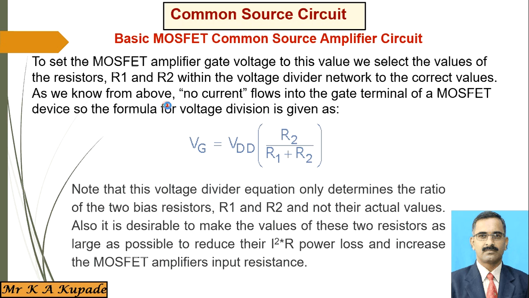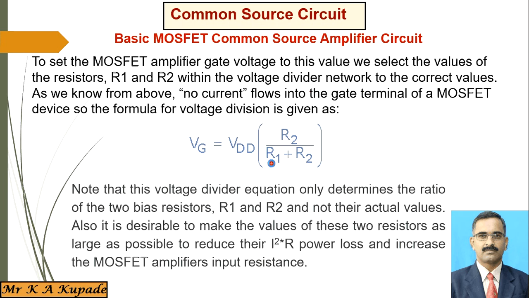As we know, no current flows into the gate terminal of a MOSFET device. So the formula for voltage division gives VG, the voltage at the gate terminal, as VDD into R2 upon R1 plus R2.